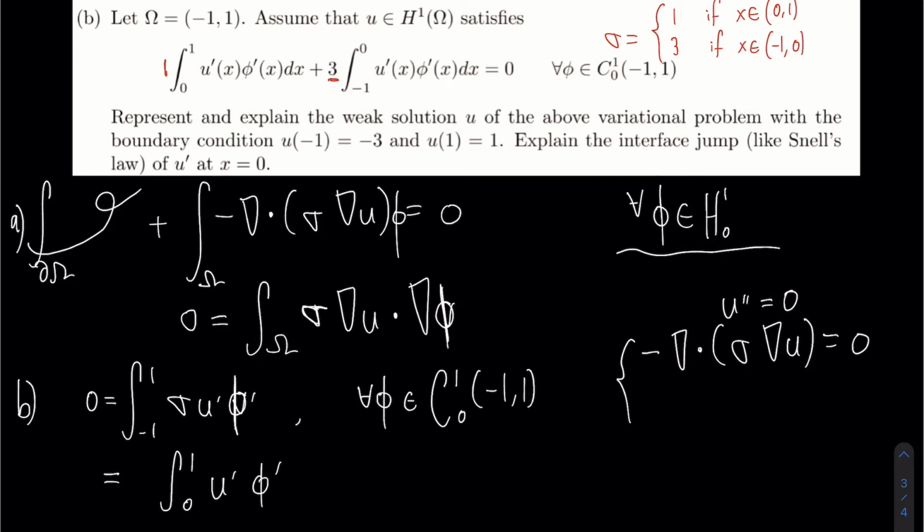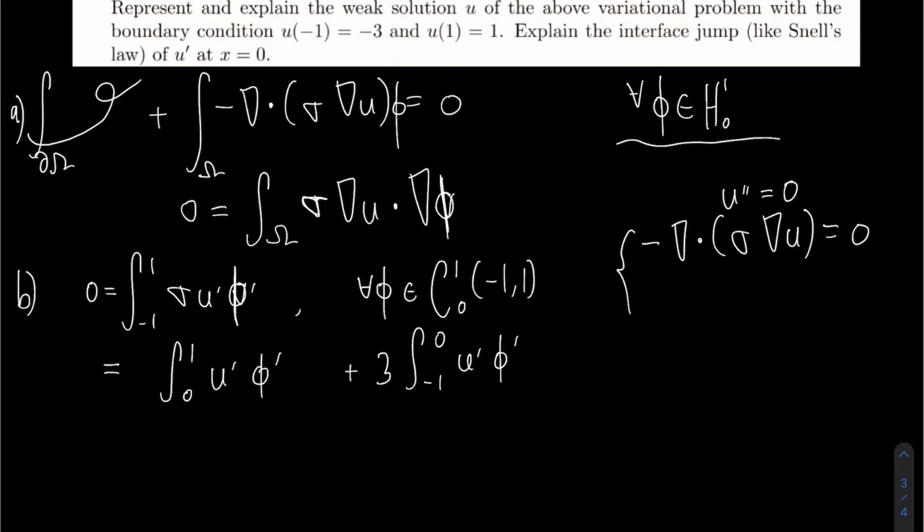The integral of u prime phi prime from 0 to 1, plus 3 times the integral from -1 to 0 of u prime phi prime, by the definition of sigma that we just defined. Now we can use integration by parts.